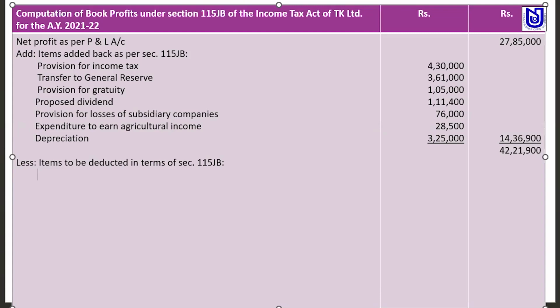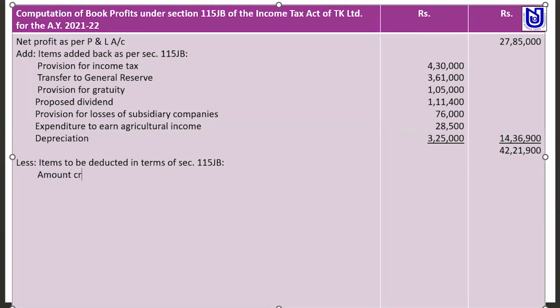1,23,700. You come on to page number 19. You see that first item to be deducted: amount withdrawn from any reserve or provision and credited to P&L account has to be deducted. So this amount credited to P&L account from special reserve, 1,23,700, has to be deducted. As it is included, it should be deducted.